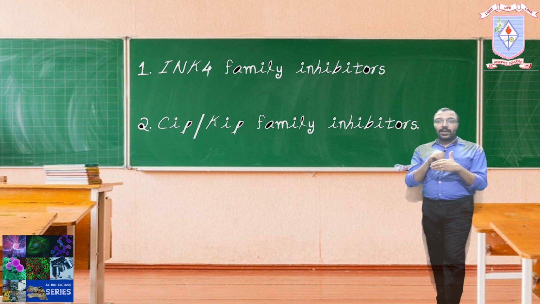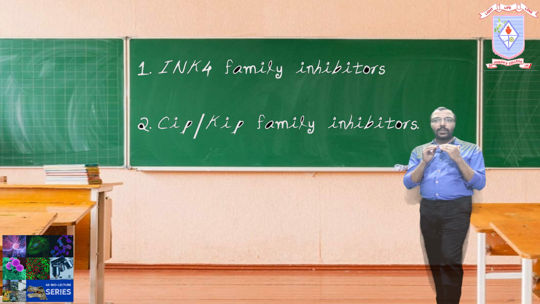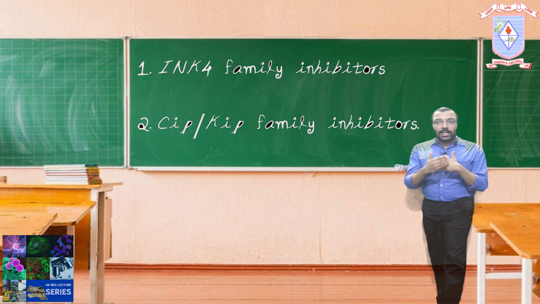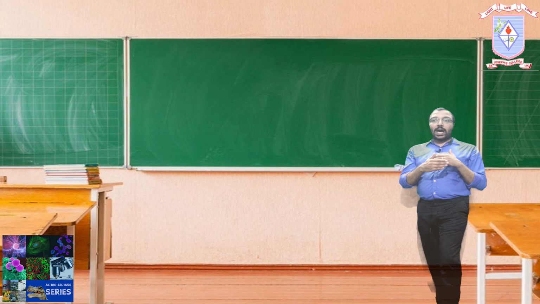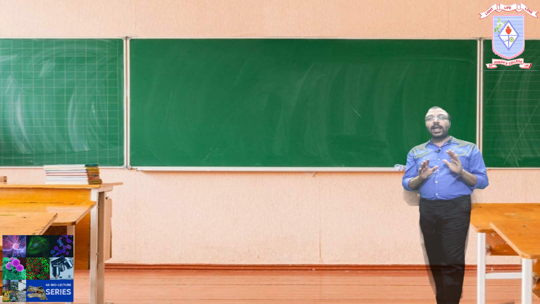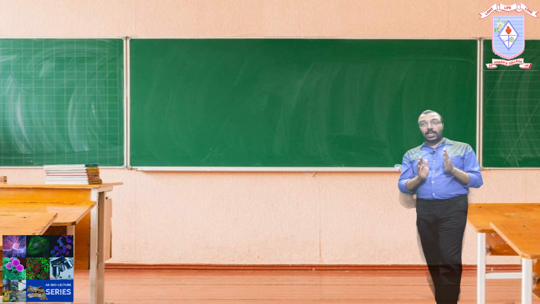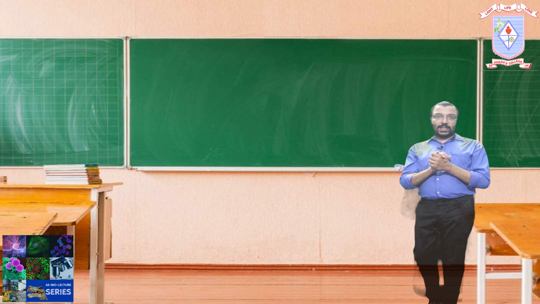INK4 means inhibitors of CDK4. CIP means CDK interacting proteins, and KIP means kinase inhibitory proteins. INK4 proteins are tumor suppressors, and loss of function mutations lead to carcinogenesis.